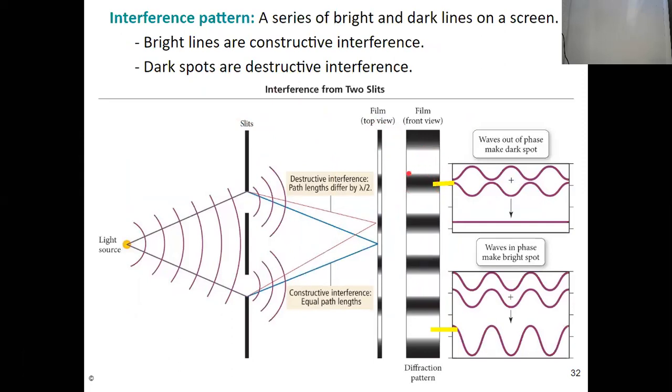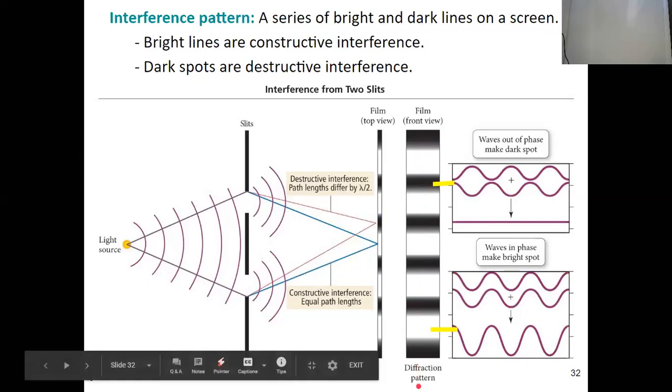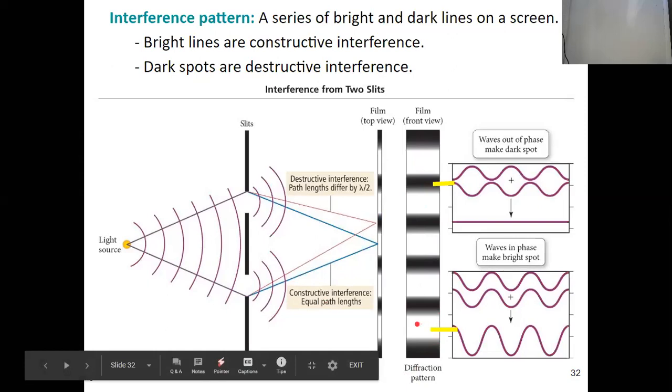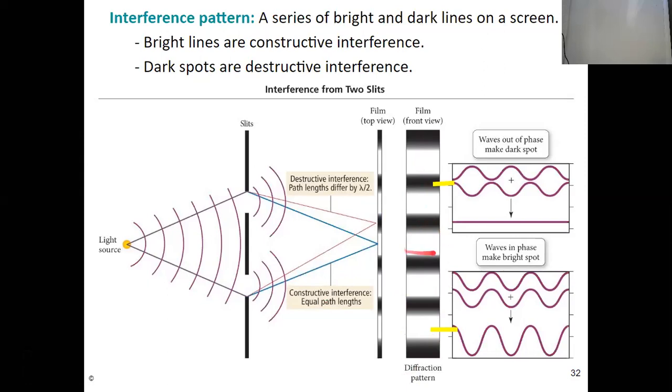Those are the blacked out dim spots. The way the waves interact with each other will form a particular diffraction pattern based on the points where the waves were in phase versus out of phase. Our waves were in phase on all of these areas that are bright, and they're out of phase wherever we have these dark spots.